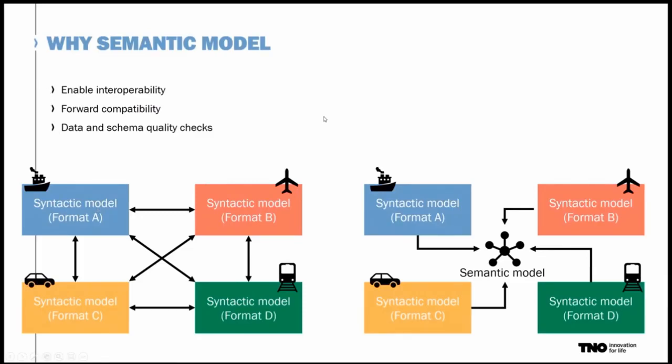And if we look at the right side, while using a semantic model, oh, no, I think the synthetic, okay. While using a semantic model, we all make use of the semantic model. We all talk the same language, and we can even reason with the properties and entities we have. So it's way more efficient.